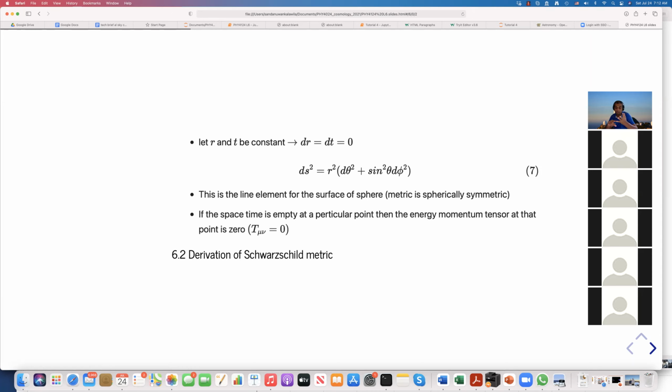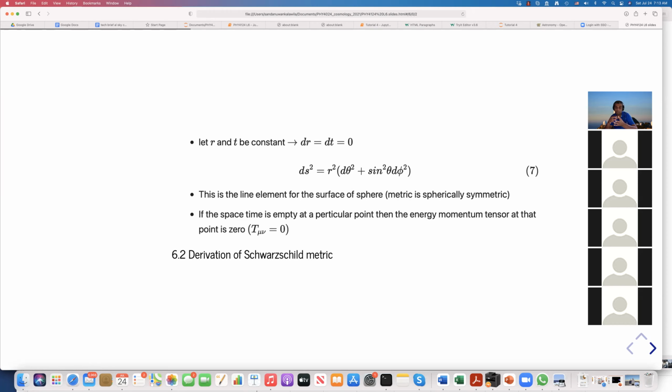It is very important that you understand and remember these three situations, because they will come up at different times. For the dust, you will have only one component for the tensor. When you have a perfect fluid, you will have only the diagonal components of the energy momentum tensor. When this is an empty space, we will have 0 for the energy momentum tensor because it's empty.